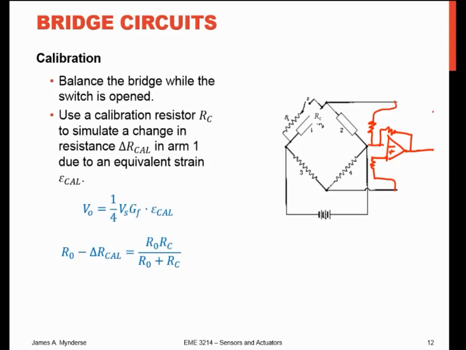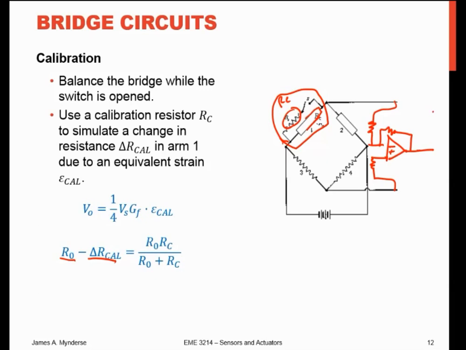And one of the things we can do is balance the bridge with just our strain gauges in here as necessary. And then I can have this resistor here we're calling RC, or R sub C, that will change the resistance of this whole leg such that R0, our nominal resistance, minus the delta R cal, the change in resistance we want to calibrate for.